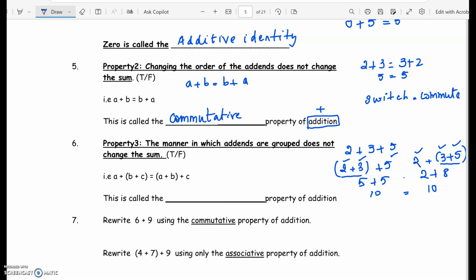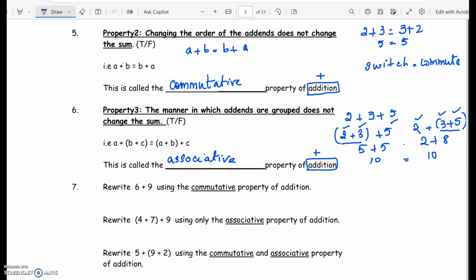And 2 was added to the sum of 3 and 5. So changing the grouping doesn't change the sum. So this is called the associative property of the operation of, in this case, we're talking about addition. So it's called the associative property of addition.